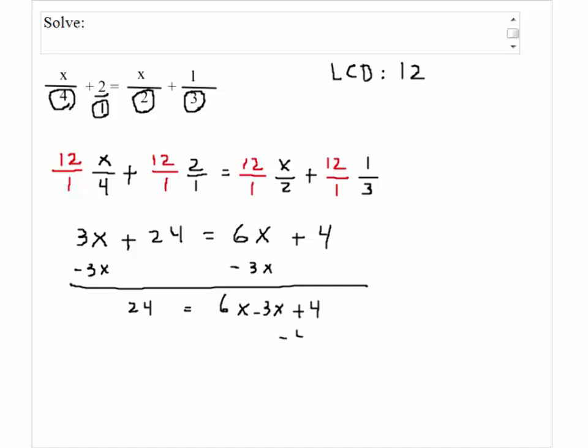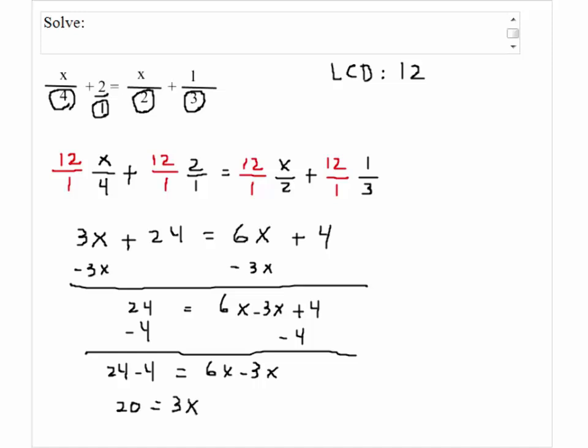And if I subtract 4 from both sides, I would get 24 minus 4 on the left-hand side, and on the right-hand side I get 6x minus 3x. So I would have 20 is equal to 6x minus 3x, which is equal to 3x.